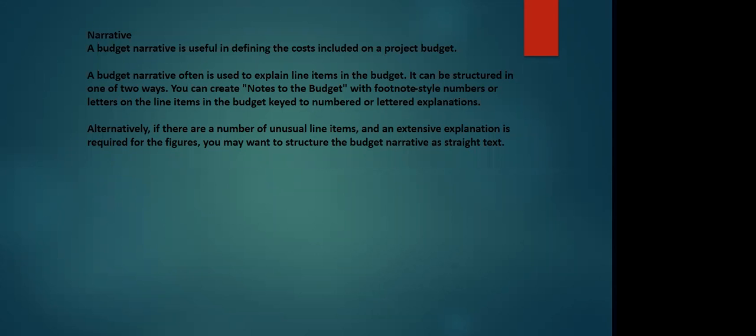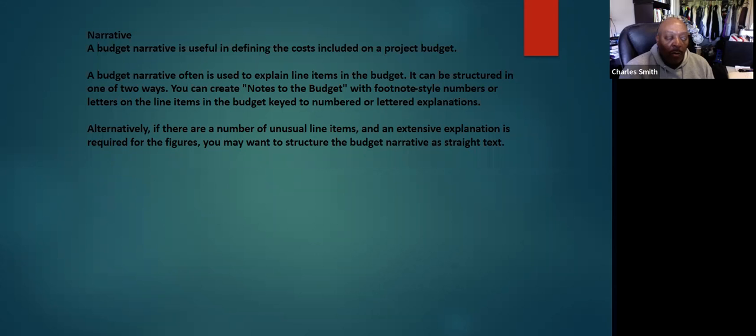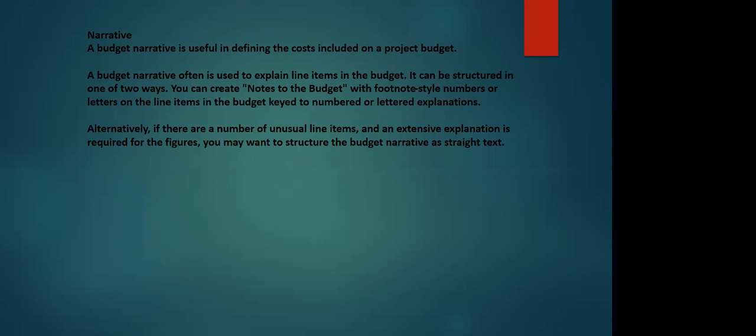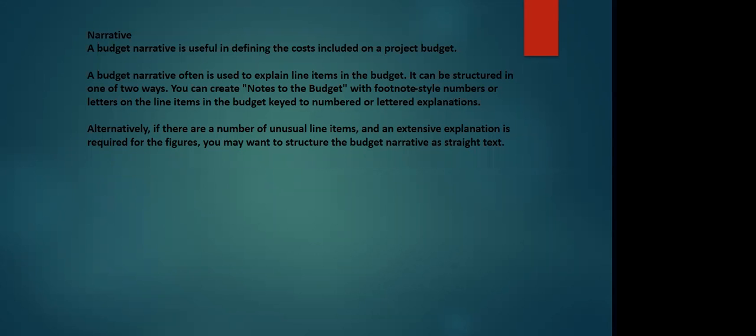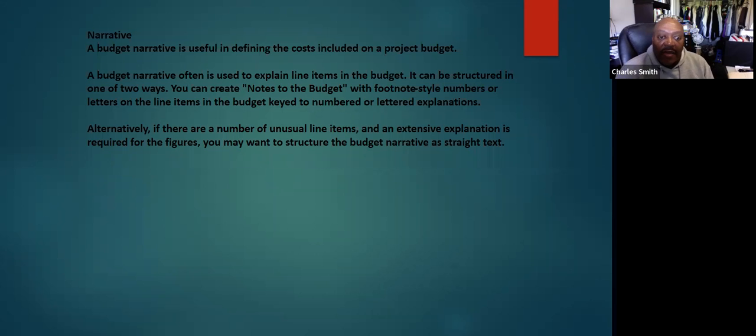Just like if you buy a printer, it adds to the efficiencies and the productivity of the organization. If you buy a camera, everything you buy, you have to tie it back to how it helps build your organization. A budget narrative often is used to explain line items in the budget. It can be structured in one of two ways.